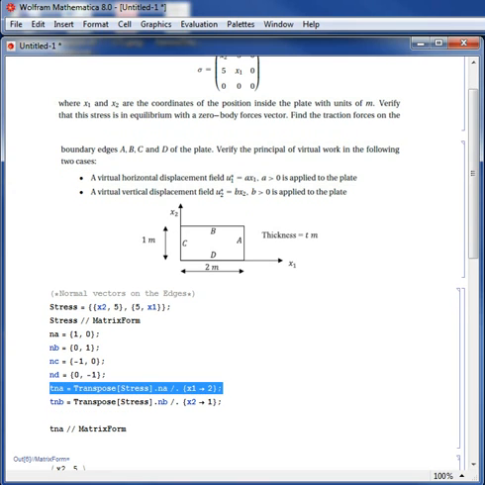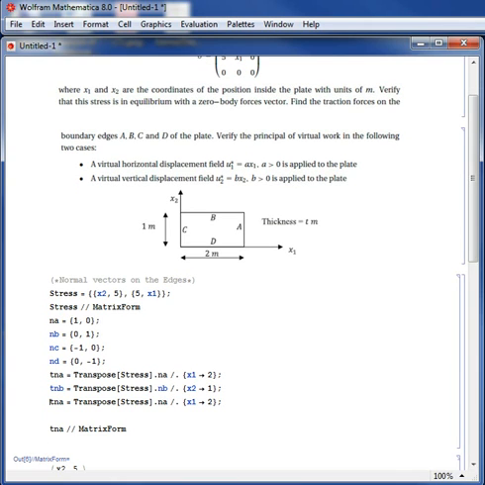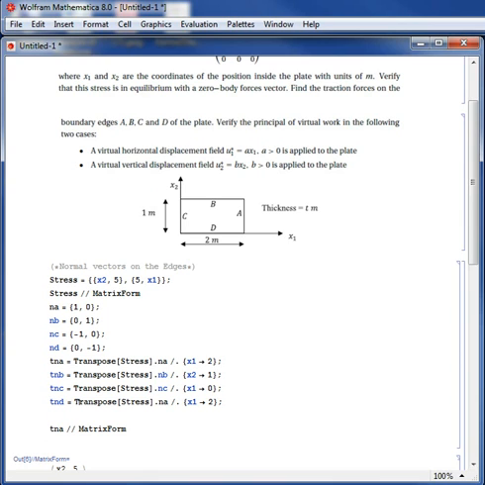And as well, TNC is equal to the transpose of the stress multiplied by NC, and this is evaluated at a particular x1, which is x1 equal to 0. And TND is equal to the transpose of the stress multiplied by the normal vector on D, and this is at a particular x2, which is equal to 0.